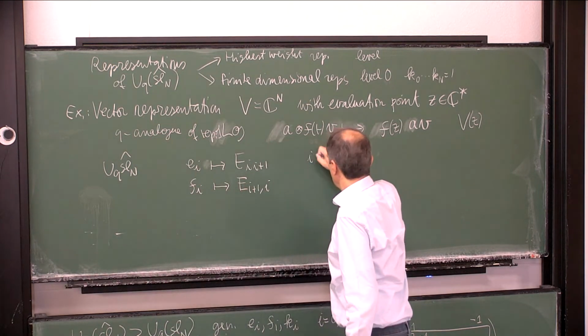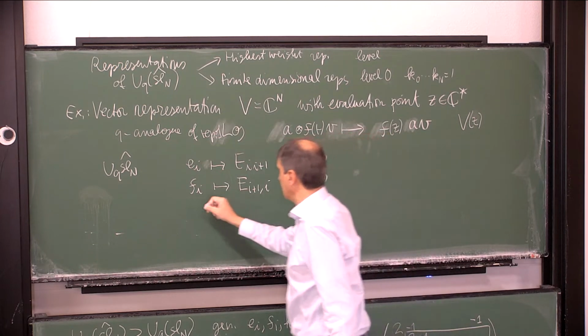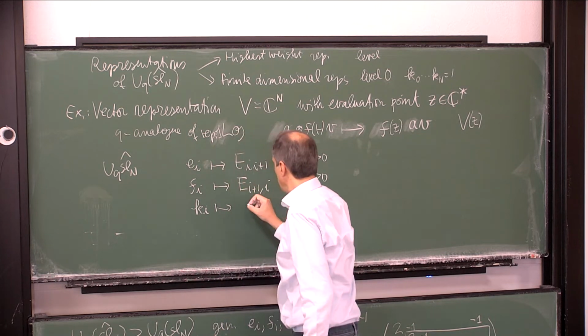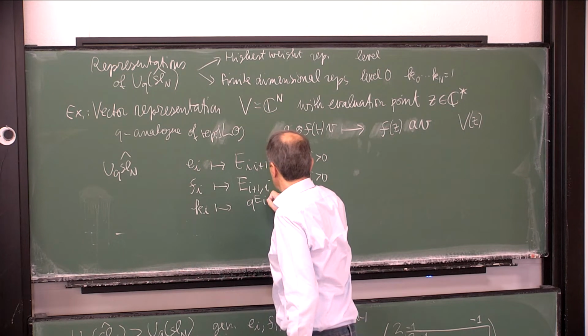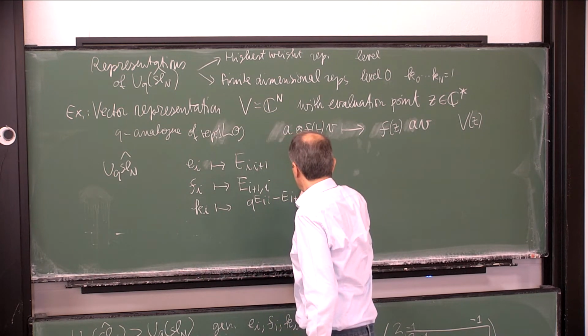So this is what you do for U_q of SL_N hat. This is for i positive. And then K_i will be sent to q to the E_{ii} minus E_{i+1,i+1}.